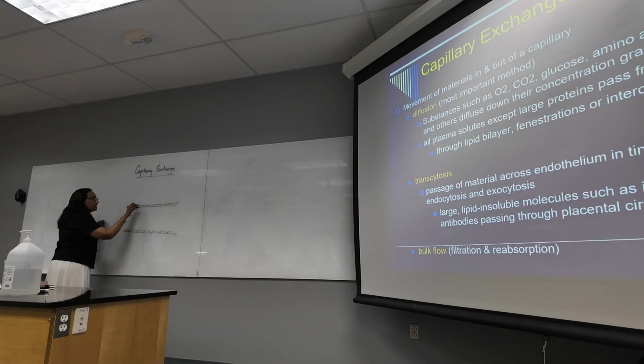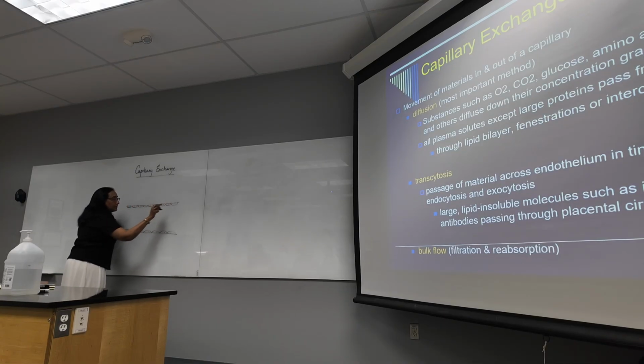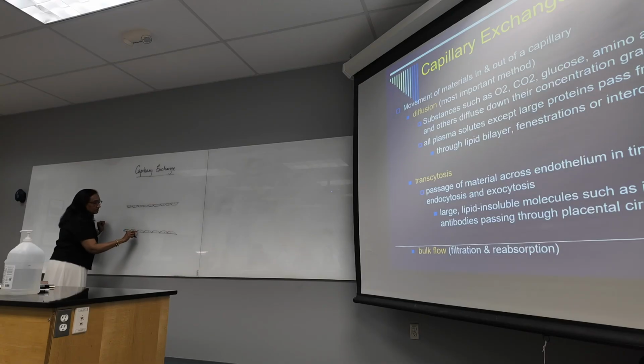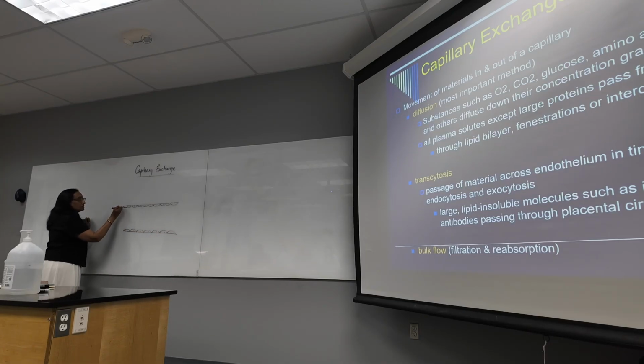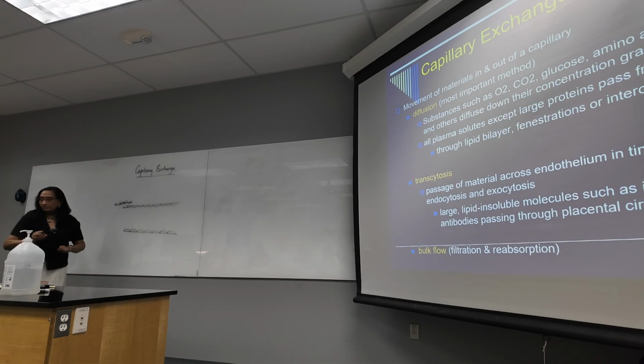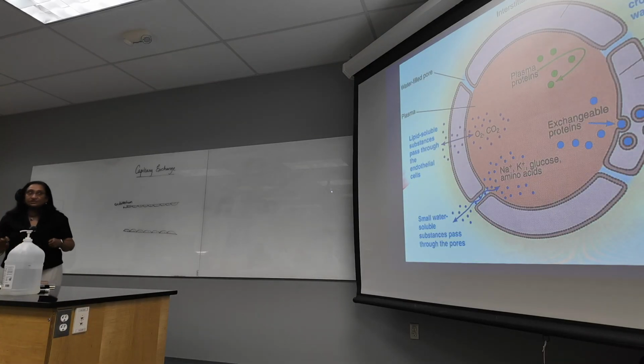There are lots of microscopic holes through which substances can pass. So you're going to see that in the capillary. This is called the endothelium. This is the endothelium. So the purpose of the capillary is exchange.